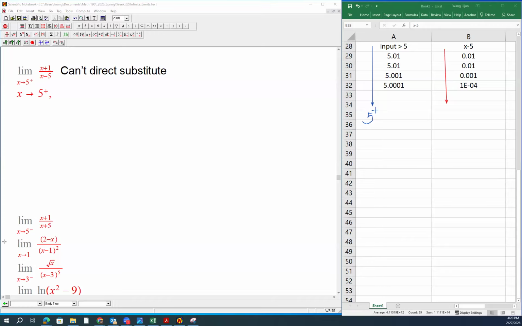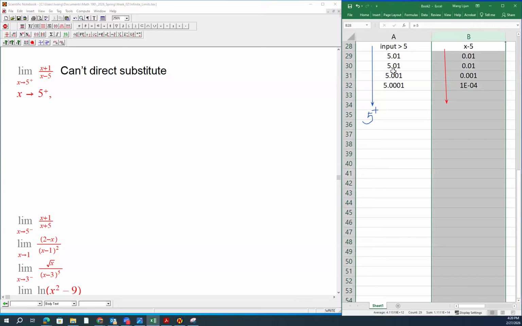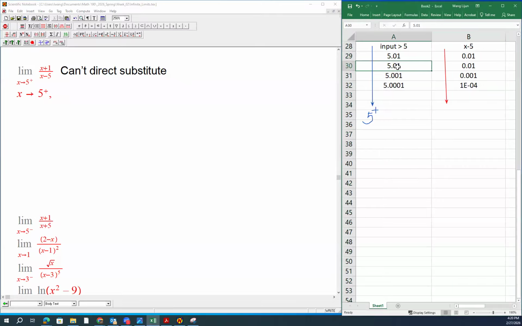Hold on a second. I think I made a repetition. Let's make it 0.01, okay, so let's make it 0.001. Let me just add a few more zeros.